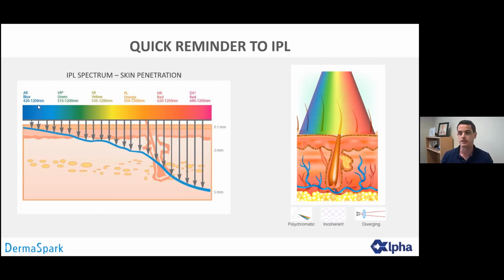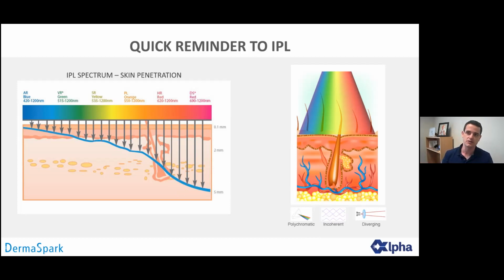The blue light doesn't penetrate into the skin; it is very superficial and bounces back from the skin surface. But the red light and the near infrared light can penetrate as deep as 5 millimeters into the skin. And another thing that we said is that we rarely use the full spectrum of the IPL.